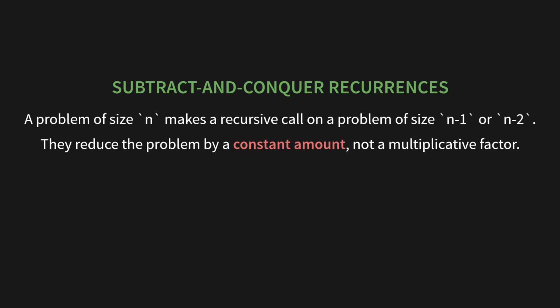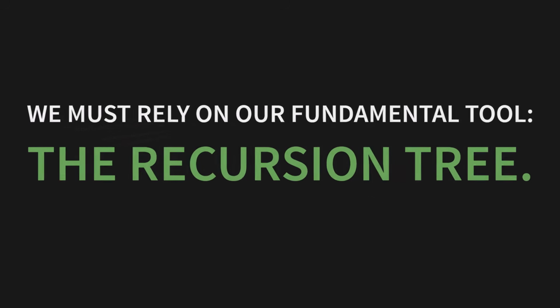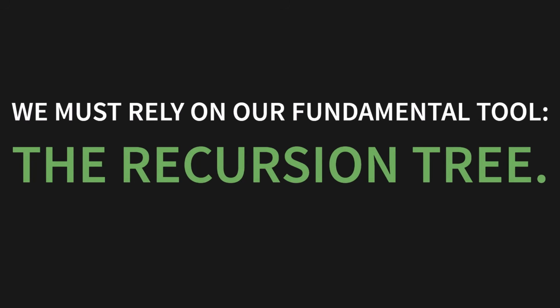They reduce the problem by a constant amount, not a multiplicative factor. These recurrences create tall, skinny recursion trees. And I have to be very clear about this. The master theorem is completely useless here. It just doesn't apply. So what do we do? We must rely on our fundamental tool, the recursion tree.